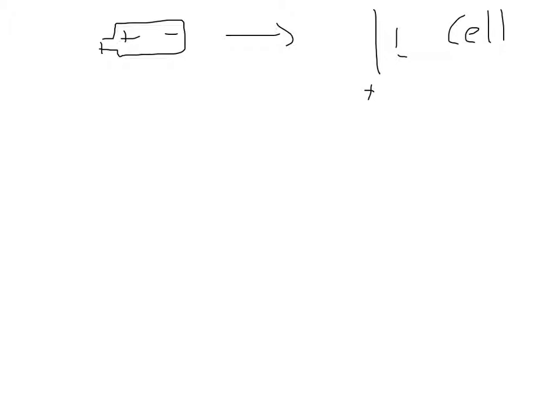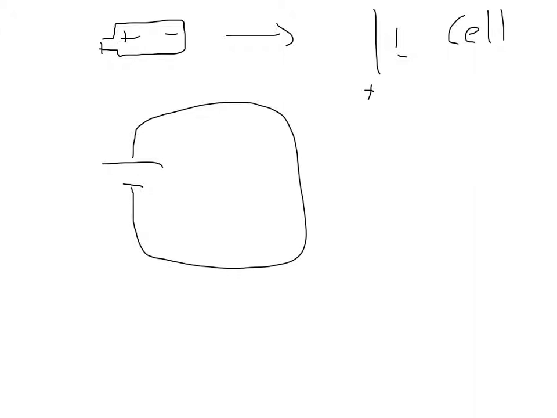Now, you may have been wondering why, if I have a circuit like this, and remember that current goes from plus to minus, so this is the current flow, why does this happen? Why would electrons go from here to here? And the explanation that I gave you before was that there's an excess of electrons here, and there's not enough electrons here, and then electrons just want to go to where there's less electrons.